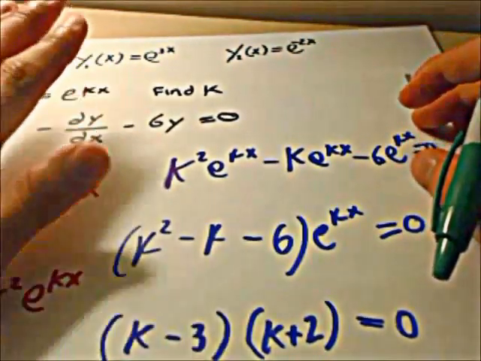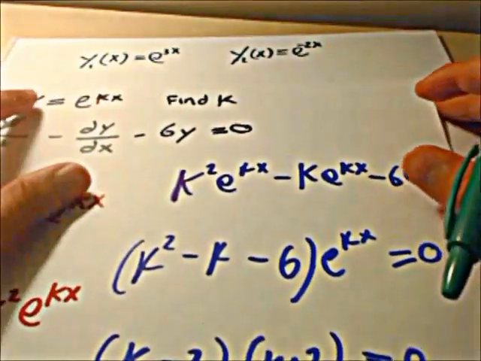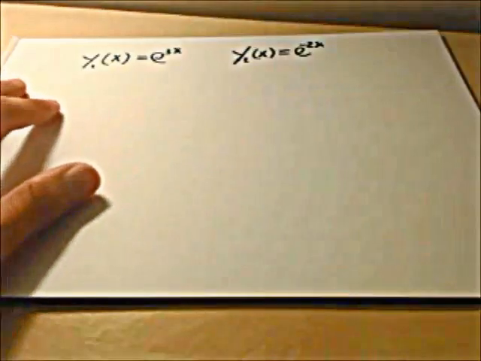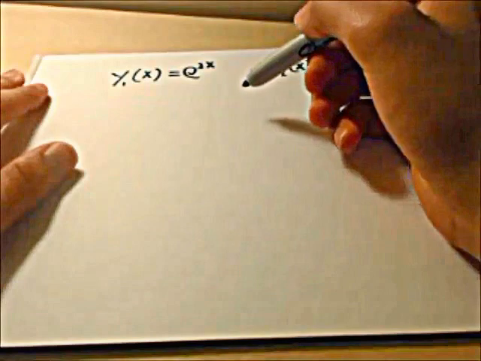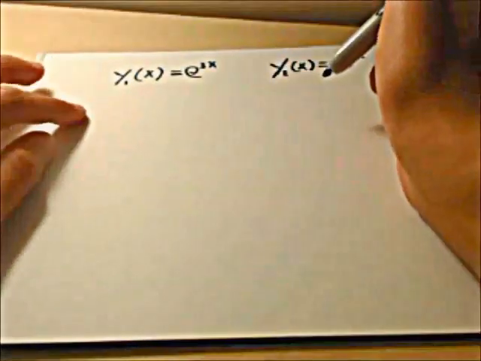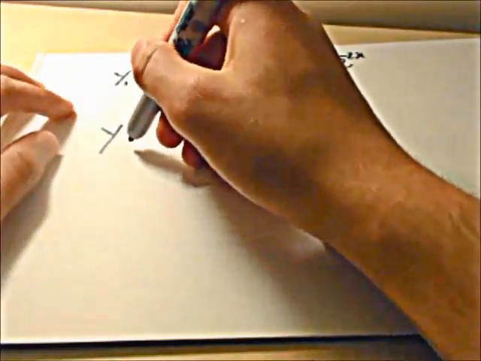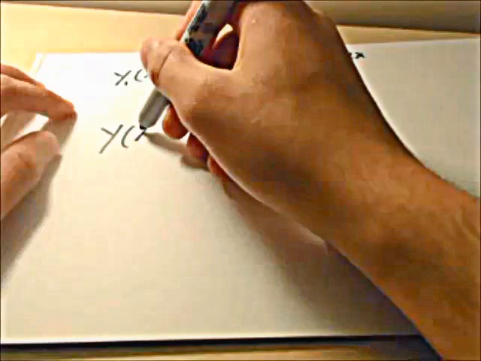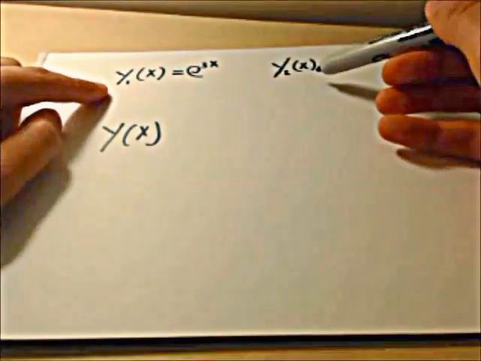So these are the two linearly independent solutions for y. But some people do that, and you might be asked for the general solution, which is just the summation of y1 and y2.